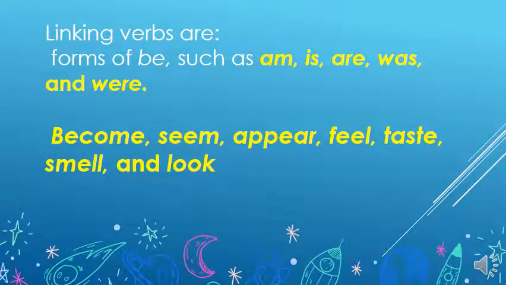So a quick reminder, what are the linking verbs? We have the forms of to be: am, is, are in the present, was and were in the past, and the other 7 verbs: become, seem, appear, feel, taste, smell, and look.